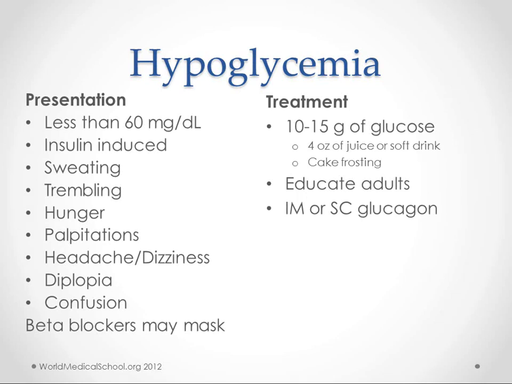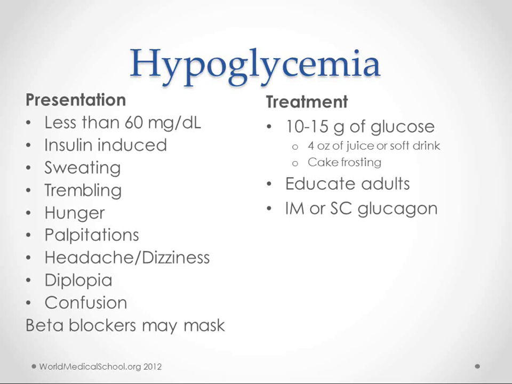So speaking of hypoglycemia, this is when you get less than 60 milligrams per deciliter of sugar. It's almost always caused by insulin, in diabetics anyway. You can get sweating, trembling, palpitations, headaches. All these things are sympathetic signs, so that's the reason we talk about beta blockers being able to mask these symptoms.